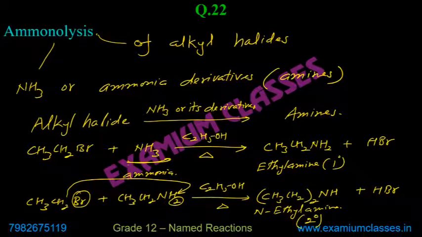Rule is very simple. Here also, suppose in the first reaction, if I write it as HNH2, this HBr will go away, and CH3CH2NH2 you will get. So this is the key to write the ammonolysis reaction. I will be erasing this one. Just note down quickly, as I'll explain for secondary amine and tertiary amine as well.